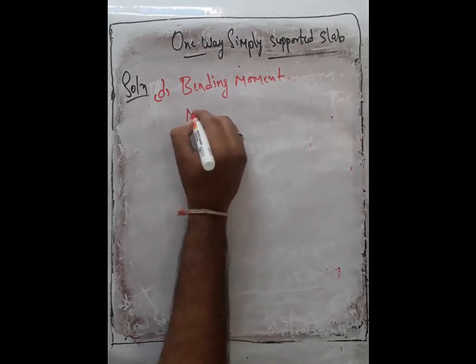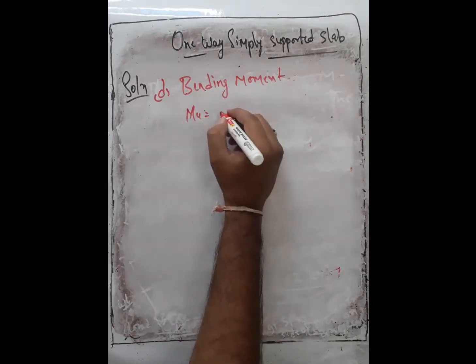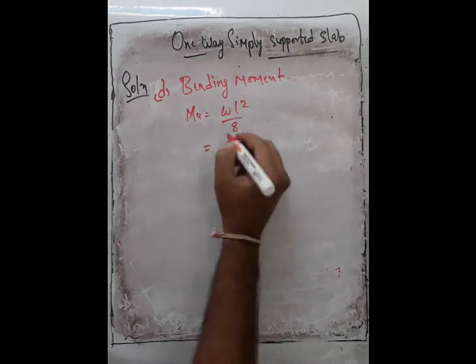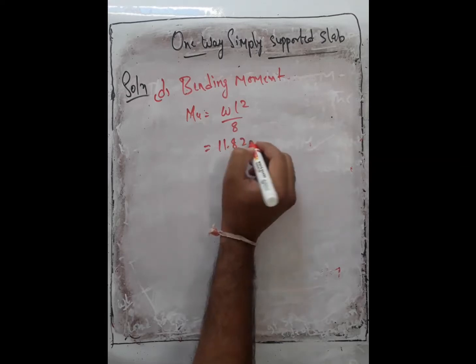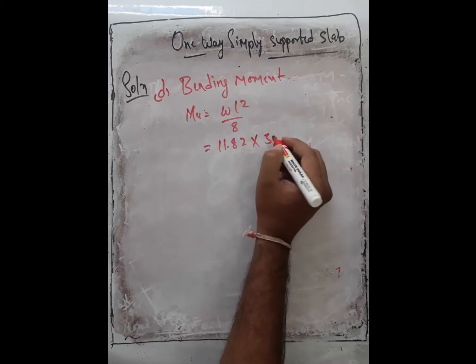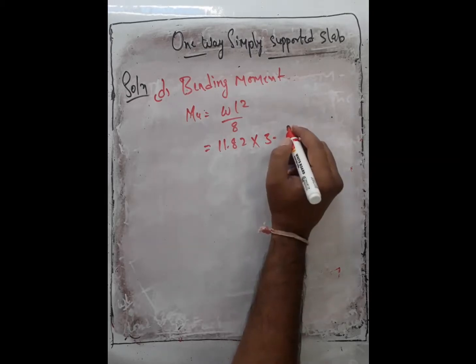So we know that in case of UDL, maximum bending moment is equal to WL square by 8, and here we find W is equal to 11.82 and L square is 3.35, the effective span, we already found that.